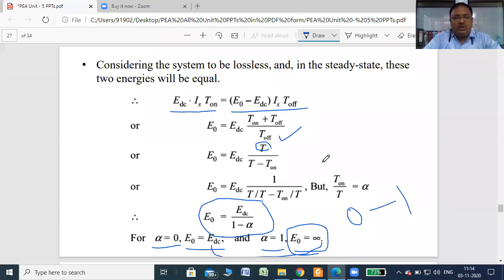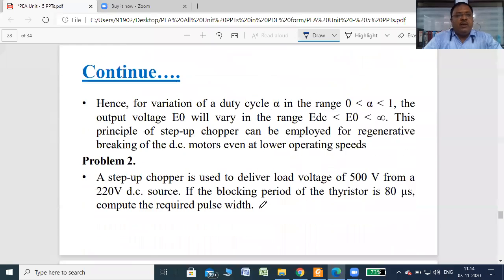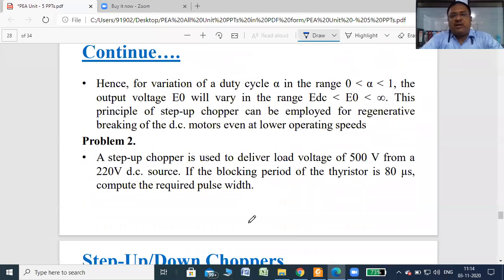So you will get a variable voltage by simply changing alpha. Hence, with the variation of duty cycle alpha in the range of 0 to 1, the output voltage E0 varies in the range of EDC to infinite.